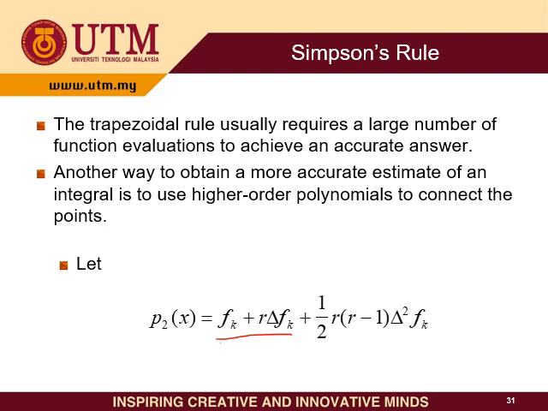But for Simpson rule we add another formula inside the trapezoidal before to improve the trapezoidal rule, inside the polynomial here. So the polynomial for Simpson is much more complicated with more added points here. Theoretically, if we expand our polynomial, okay, such as like this, we will get a more accurate answer.